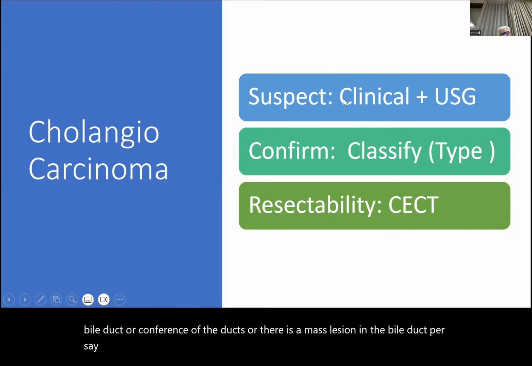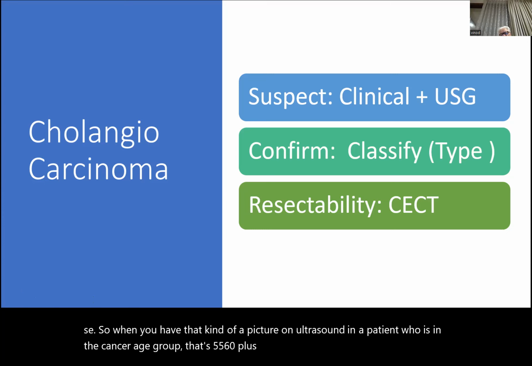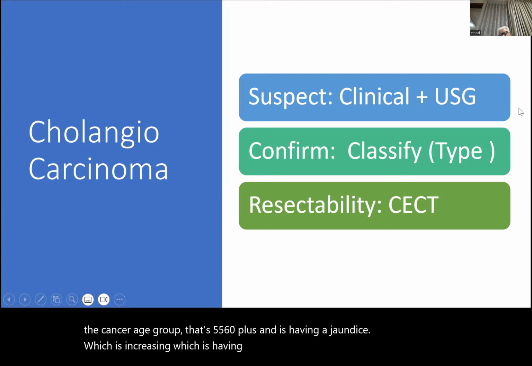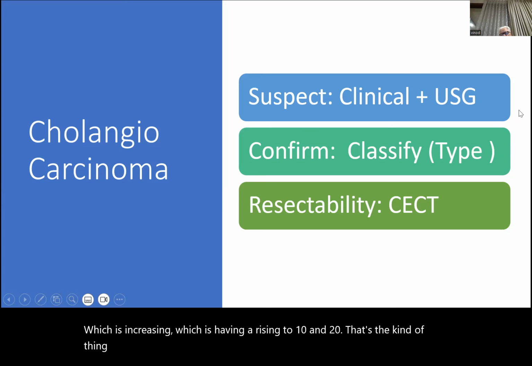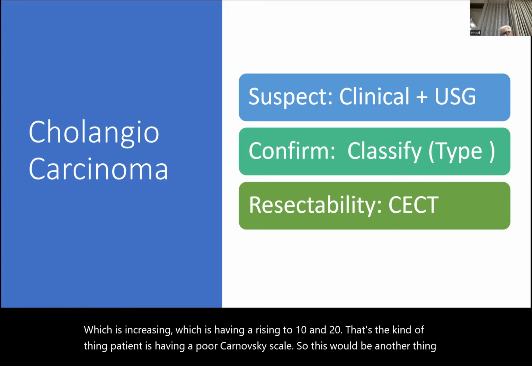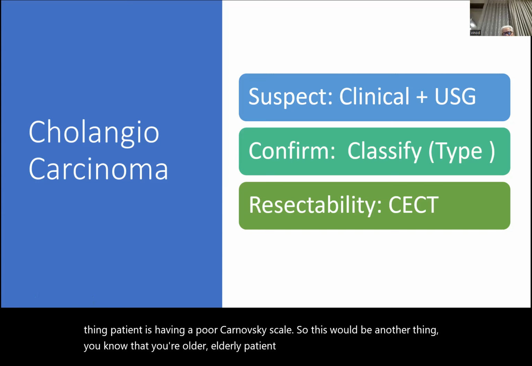So when you have that kind of a picture on ultrasound in a patient who is in the cancer age group, that's 55, 60 plus, and is having jaundice which is increasing, rising to 10 and 20, that's the kind of thing. Patient is having a poor Karnofsky scale.